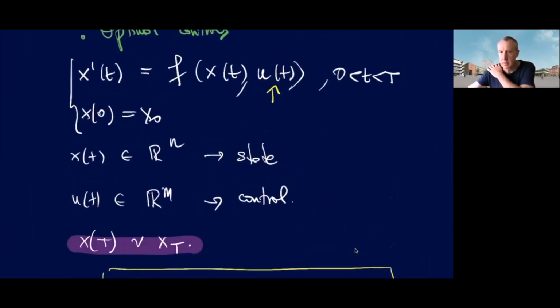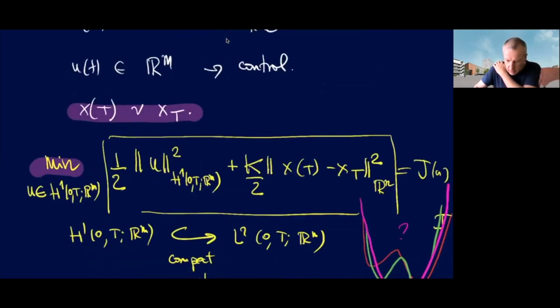What do you think? Is it convex? Well, of course, the function that to U gives you the square of the norm of U is a convex function.